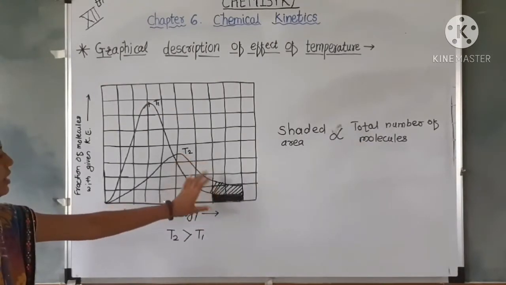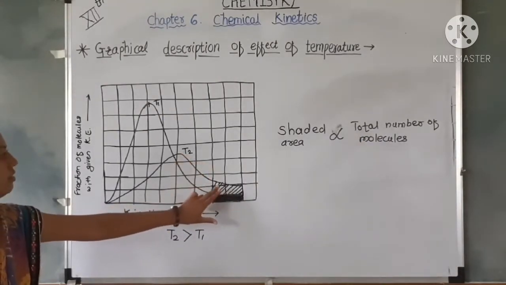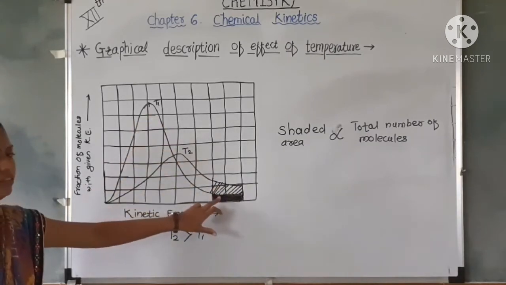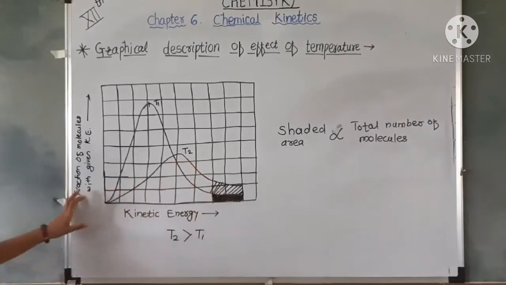The shaded area at T2 is greater than the shaded area at T1.